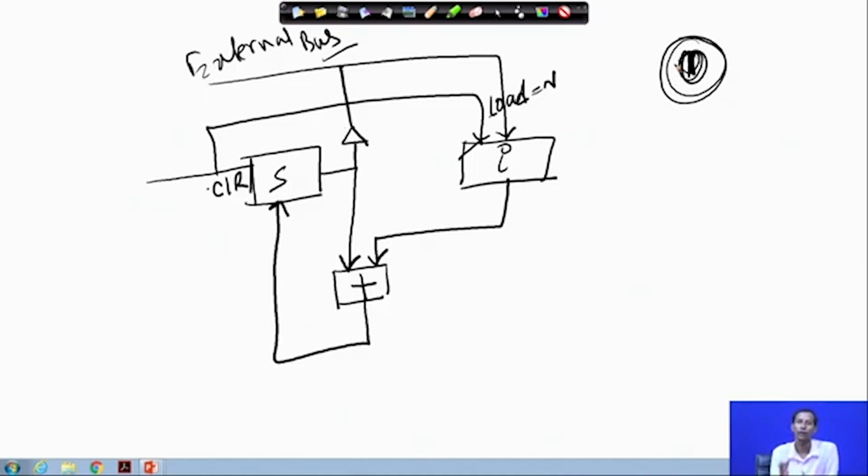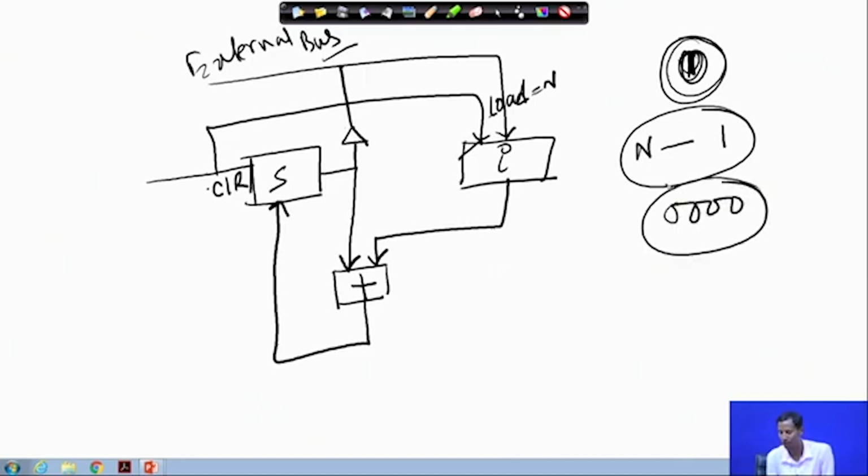So, the 0 value will not be entertained; as I said, it will just count from n to 1. Now, how can I sense that all the bits are 0 0 0 0? For that I need one NOR gate. When all the input bits are 0, it produces 1.